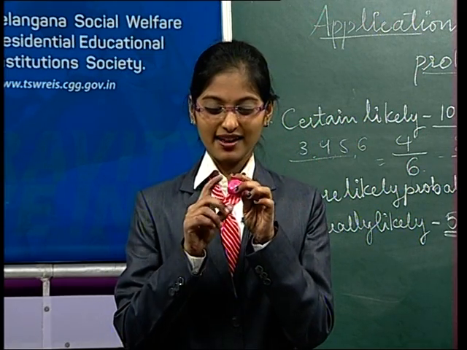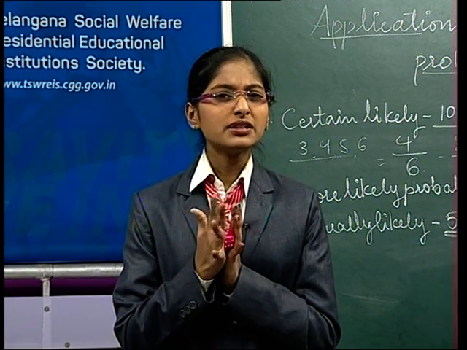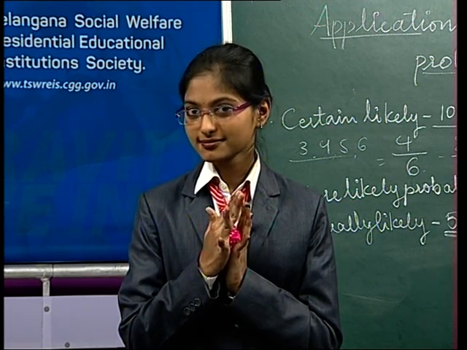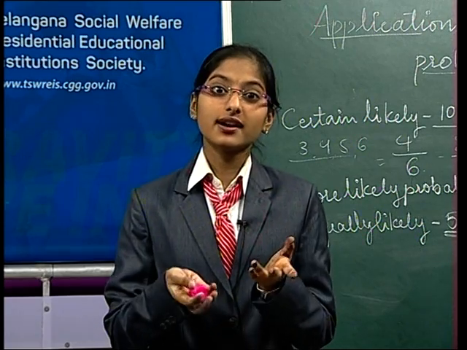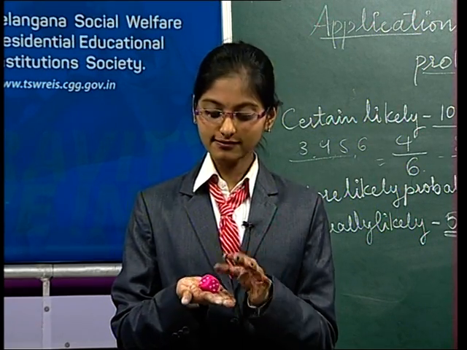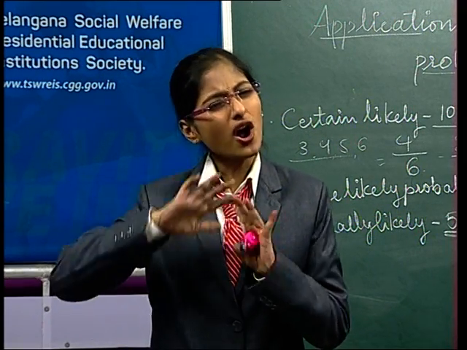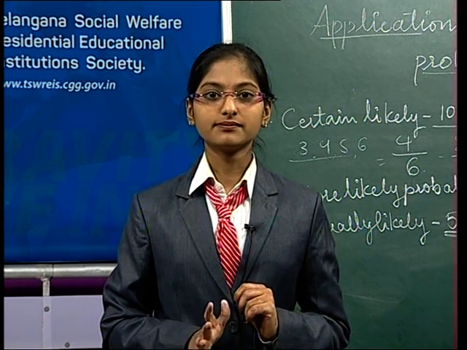When I roll it, what is the probability of getting a 7 or an 8? Is there any chance? No, we do not have any chance of getting a 7 or 8 when I roll a die, right? Yeah. So, the chances, I mean the events which will not occur, come under impossible likely probability.